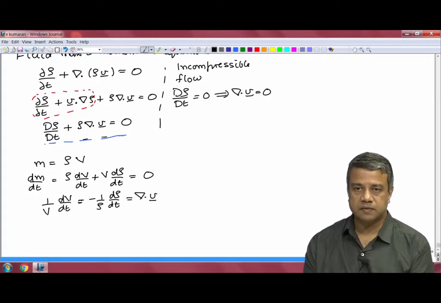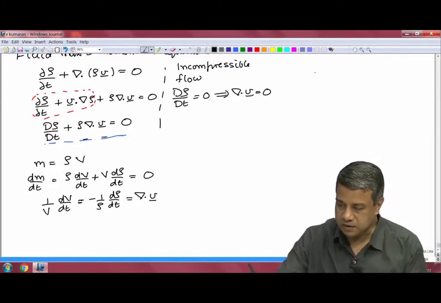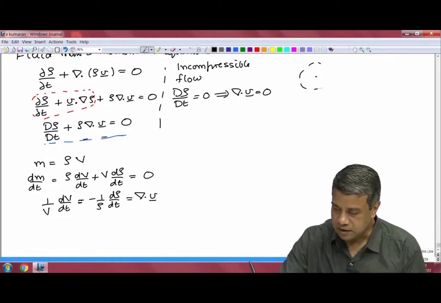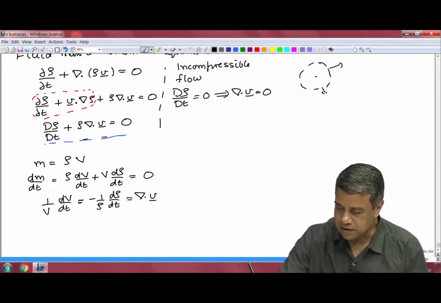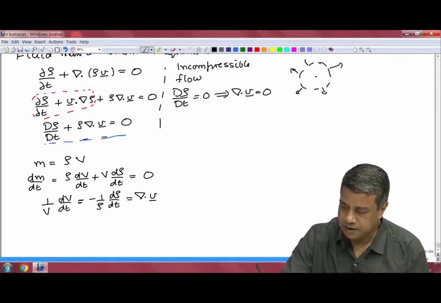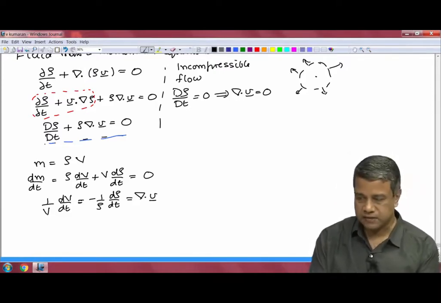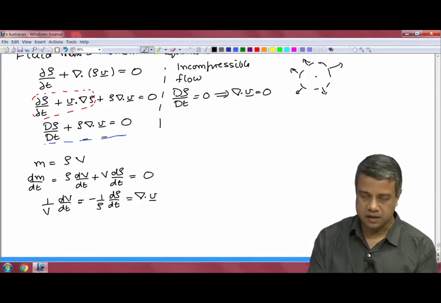For an incompressible fluid, if the mass is conserved and the density is a constant, you cannot have volumetric expansion or compression, and because of that you cannot have a divergence of the velocity from a point. And that is the reason why the divergence of the velocity is 0 for an incompressible flow.